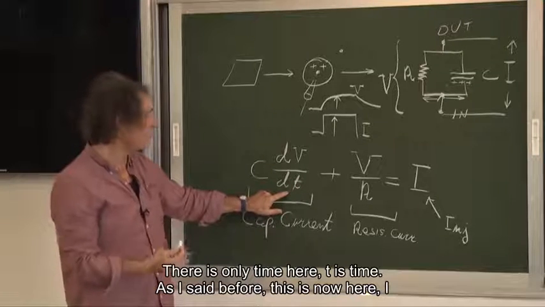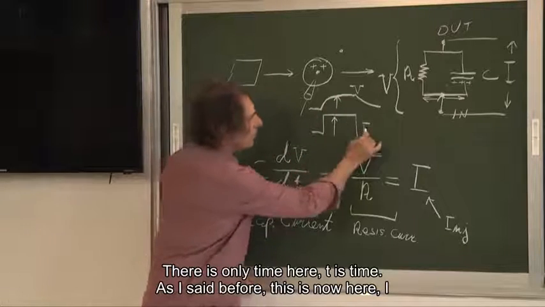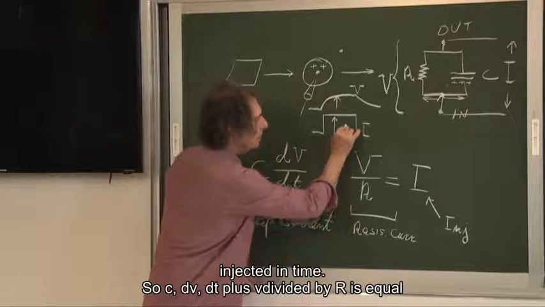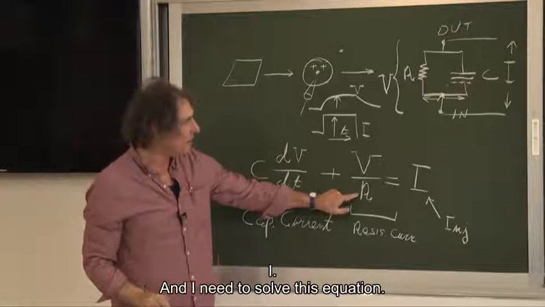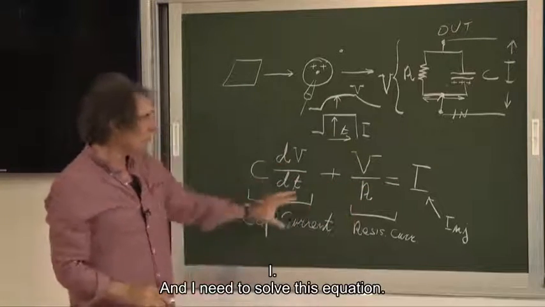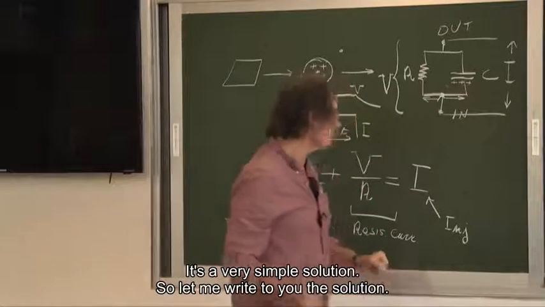There is only time here. So C dV/dt plus V divided by R is equal to I, and I need to solve this equation. It's a very simple solution, so let me write it to you.